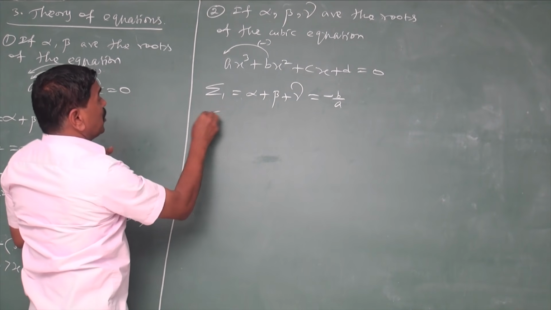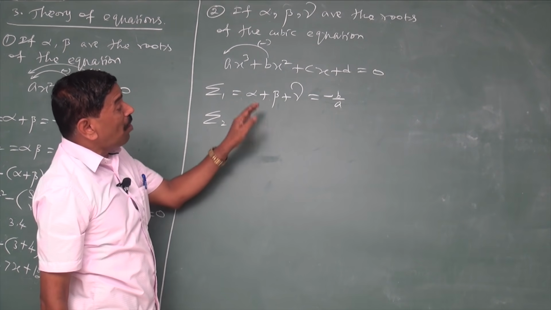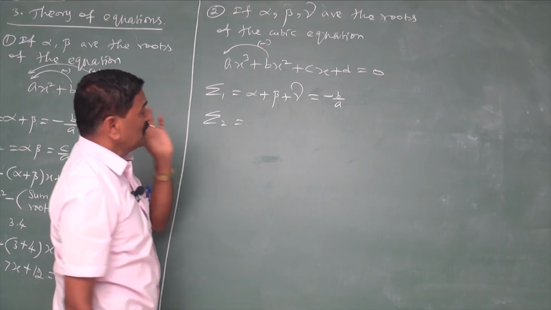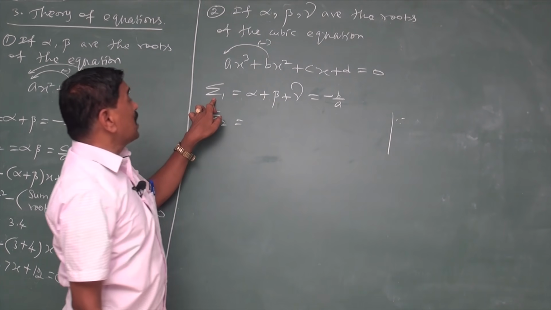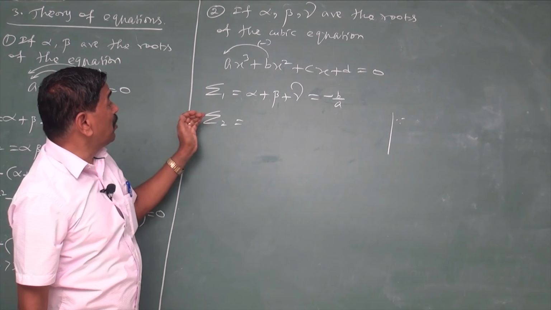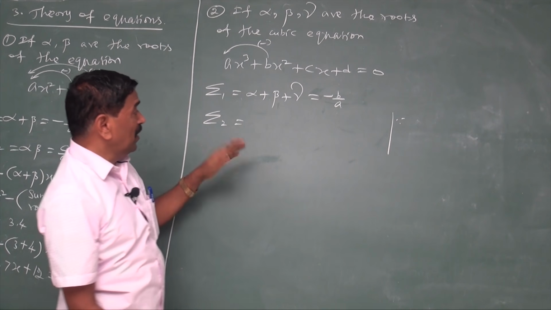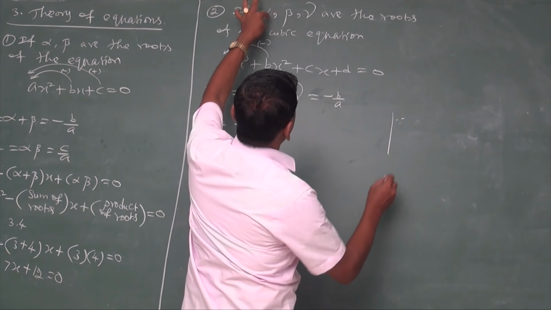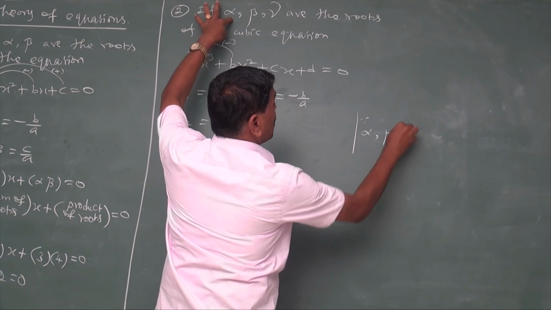Okay, next sigma 2. Sigma 2 means sum of product of all the roots taken 2 at a time. That is, listen the rough idea. Here sigma 1 means sum of the roots taken 1 at a time. Sigma 2 means sum of product of the roots taken 2 at a time. That means here there are 3 roots. Take in rough work alpha comma beta comma gamma.